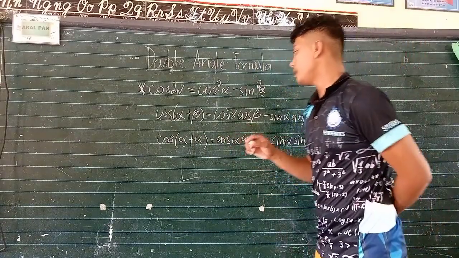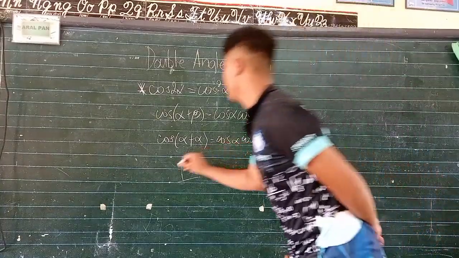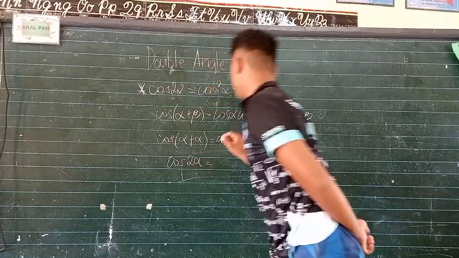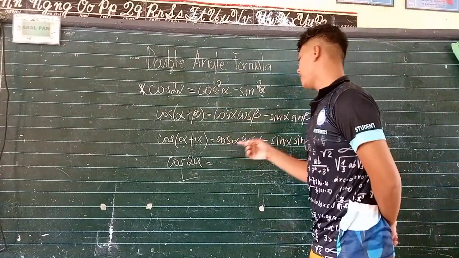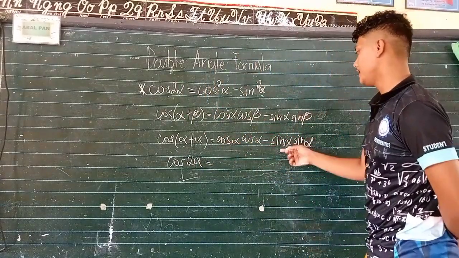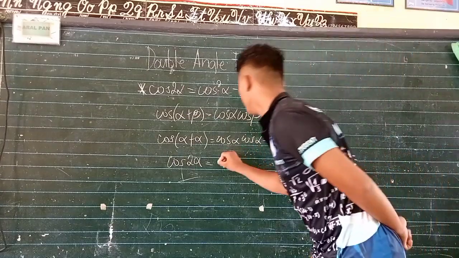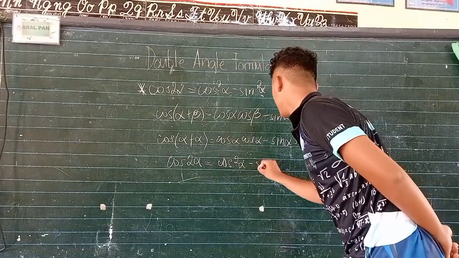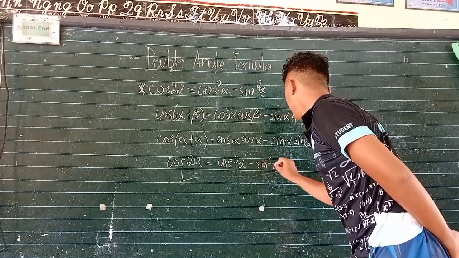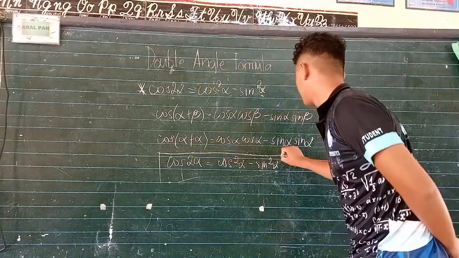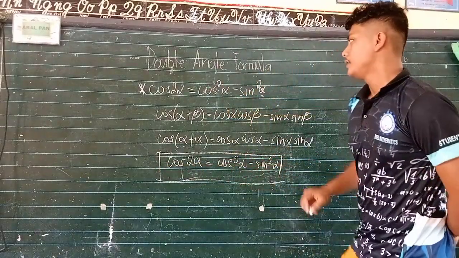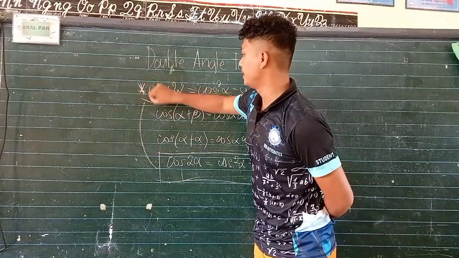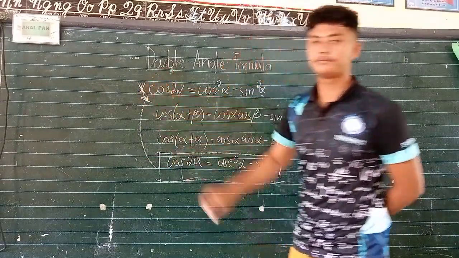So alpha plus alpha is 2 alpha, so cos 2 alpha is equal to cos squared alpha minus sine squared alpha. So this is how to derive the cosine formula for the double angle.